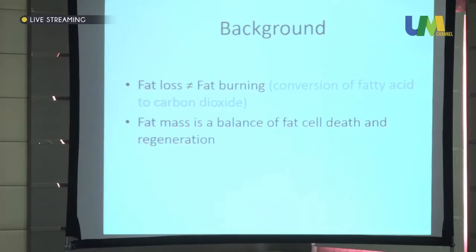Later. Okay. Another important concept for you to know is that fat mass is a balance of fat cell death and fat cell regeneration. So if I ask you the question, how many cells in your body die per year?